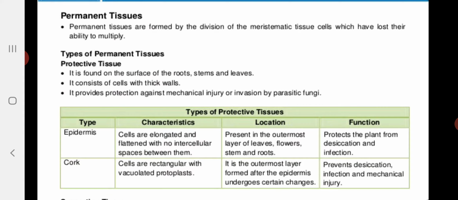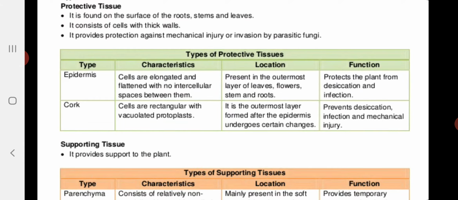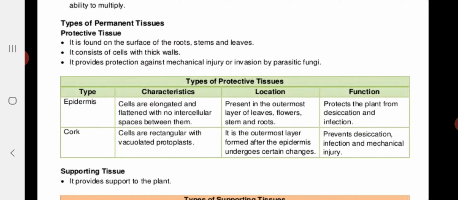They consist of cells with thick walls. They provide protection against injury and invasion by parasitic fungi. So there are two types of protective tissues, epidermis and cork. Location and function are mentioned over here.